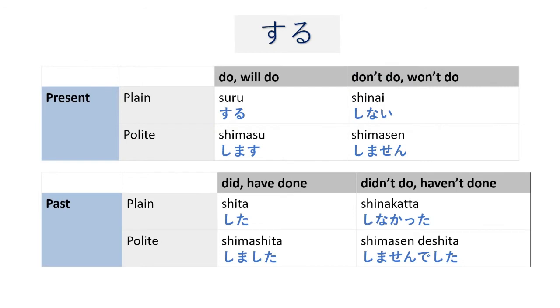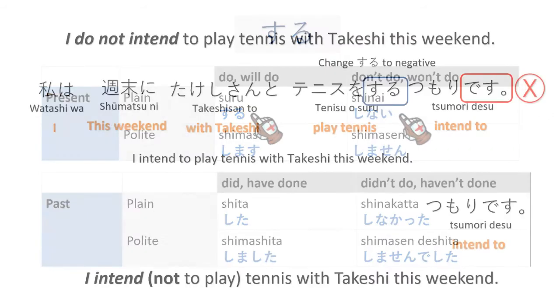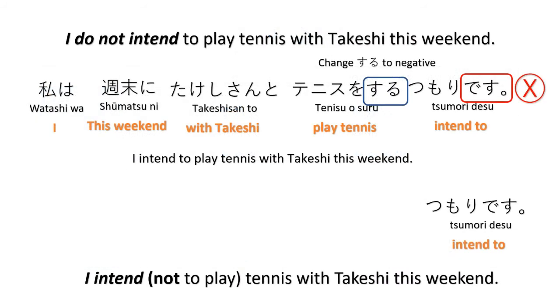As you can see here, we have the table for suru. So here we have suru in the plain present form. And now we want to use plain present negative shinai. Alright, now even if we use I do not intend, we still use tsumori desu, the present tense.